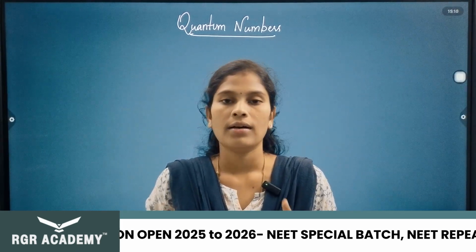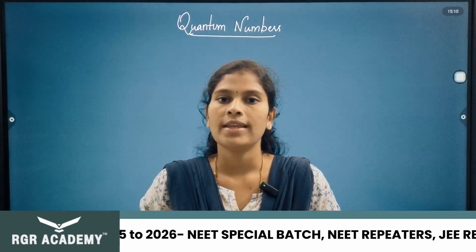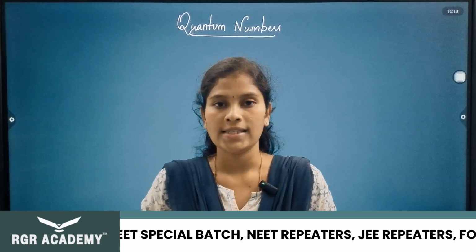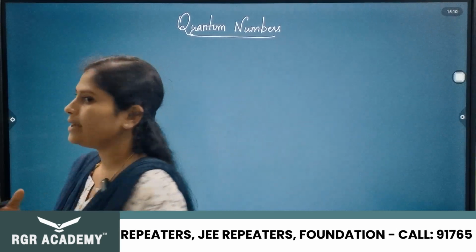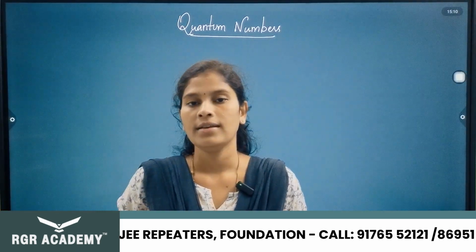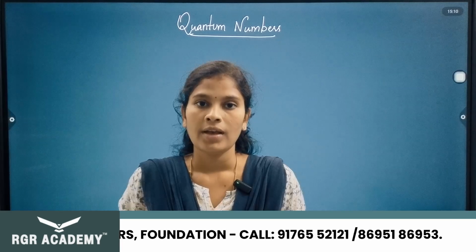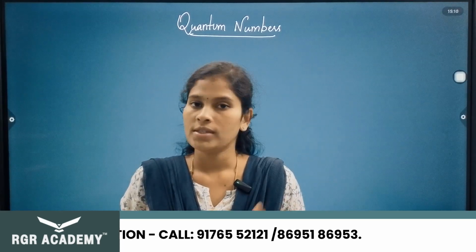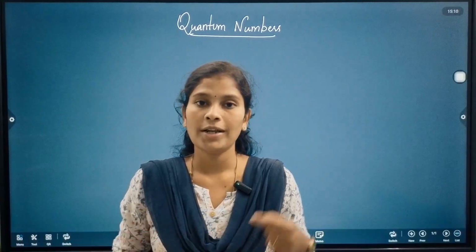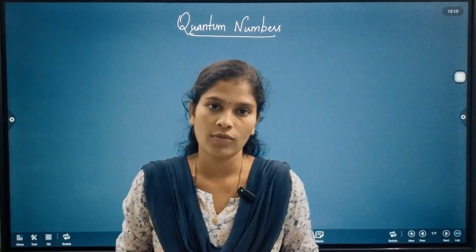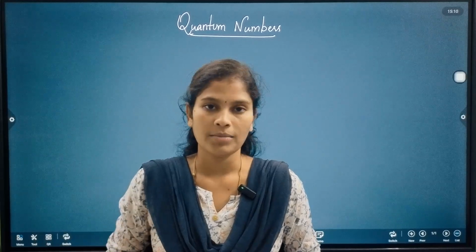Generally, what is a quantum number? It gives information about the exact location of an electron in an atom. Right? It's like the address of a person. Similarly, in an atom, it tells in which shell, in which subshell, in which orbital the electron is located. Like that, we can say the exact location of an electron using these quantum numbers.